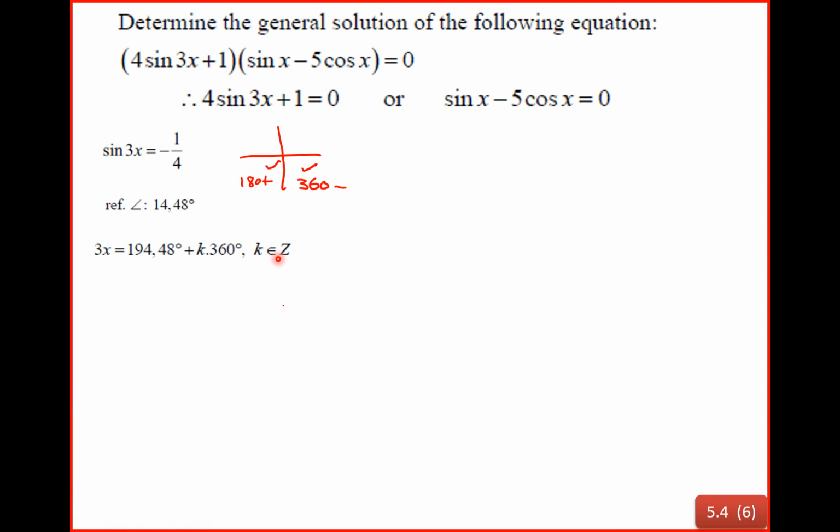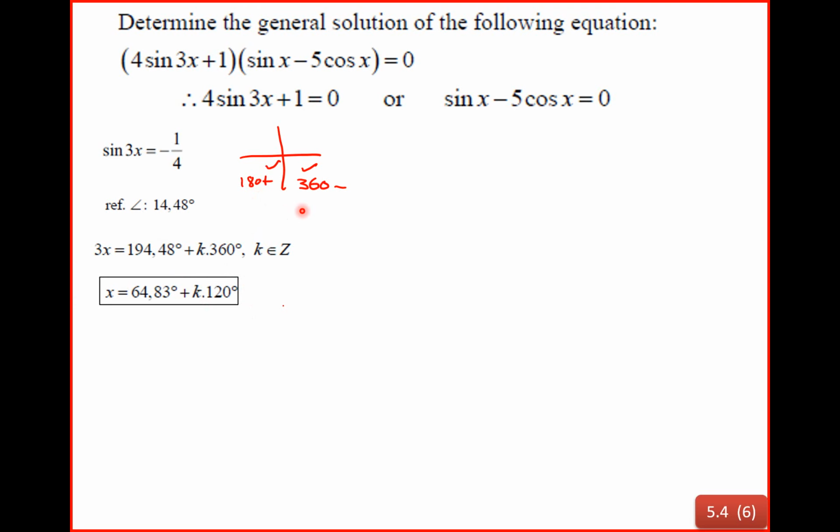And remember, k is an element of Z, which is integers. And now we're going to divide right through by 3. 3x divided by 3 is x. 194.48 divided by 3 is 64.83. And k360 divided by 3 will give us k120. So that is our solution sitting in quadrant 3.